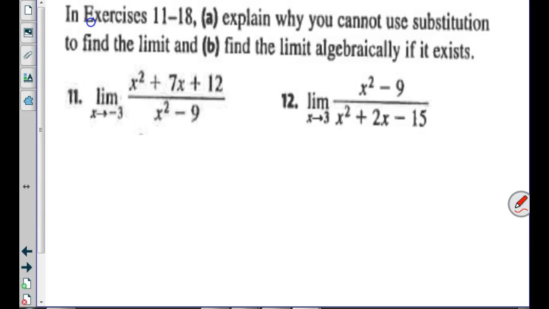All right. Explain why direct substitution doesn't work. Why can't I use direct substitution on this question? Yep, -3. It's not part of the domain, right? It makes the denominator 0.